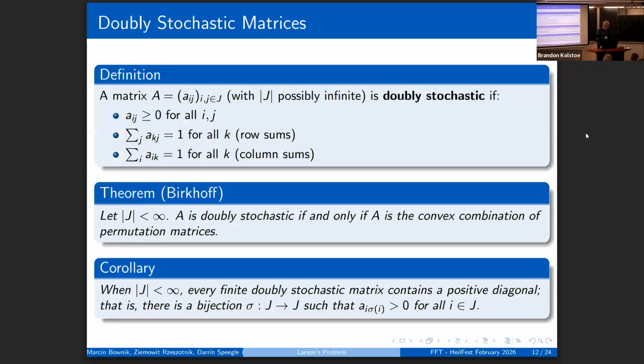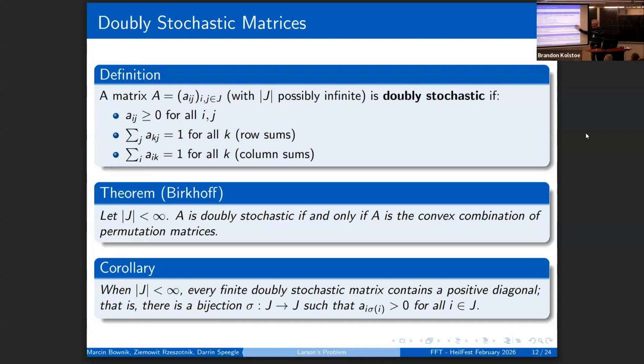Just as a reminder, a matrix is doubly stochastic if its rows add to 1 and its columns add to 1. So we're squarely in that category here. It's an old result that a matrix is doubly stochastic if and only if it is a convex combination of permutation matrices.